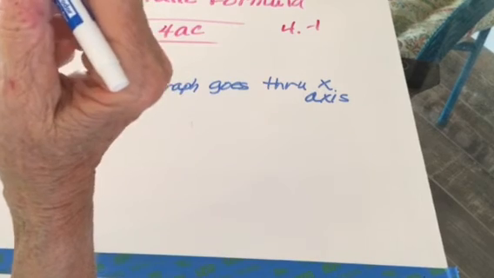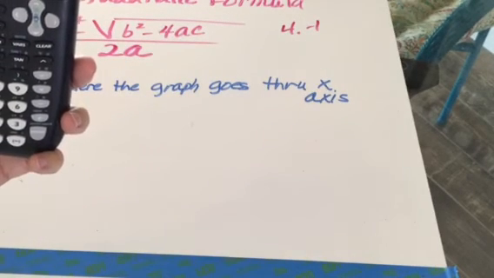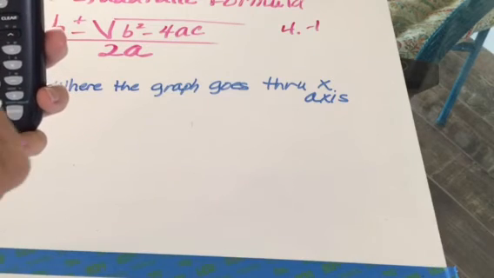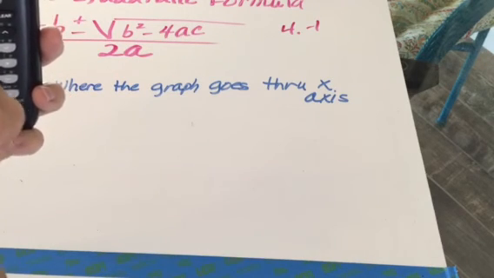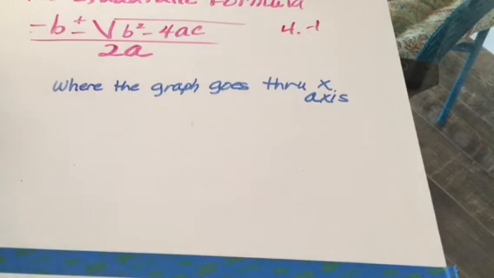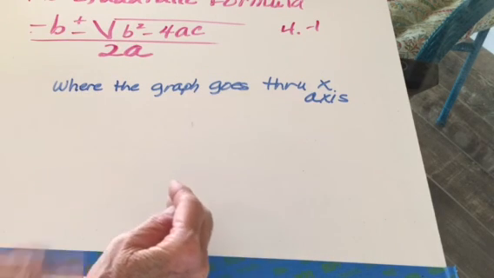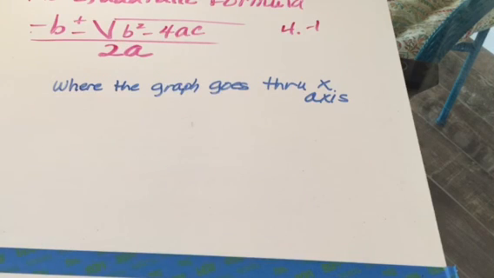Now sometimes it will not go through the x-axis, and we won't be able to solve it using regular numbers because it won't go through the x-axis. But that's how you do the quadratic formula. I'm going to have another video on the quadratic formula part 2, where there are no answers, where it does not go through the x-axis at all.